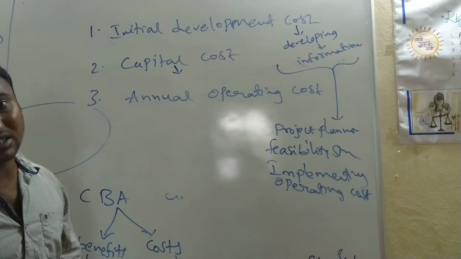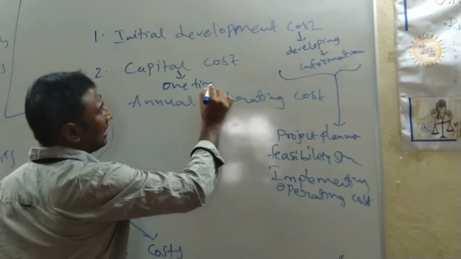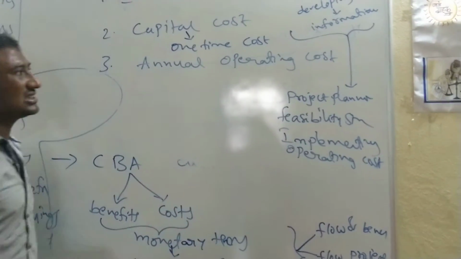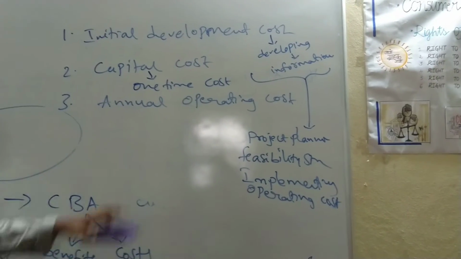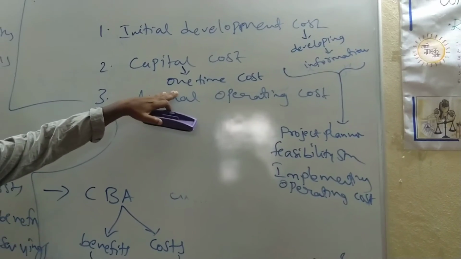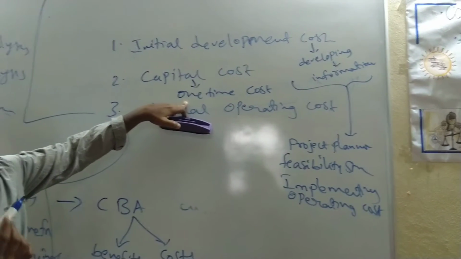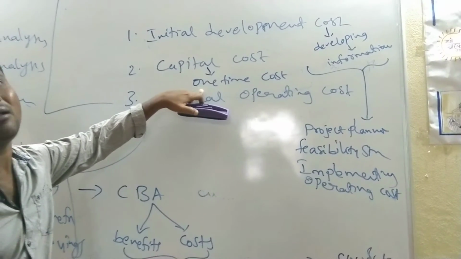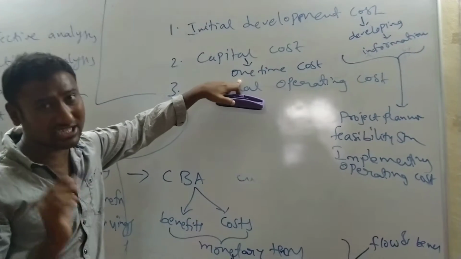Capital cost is nothing but a one-time cost. While we are developing the information system, it is required only once, to provide facilities, equipment and hardware that are used to operate the system.